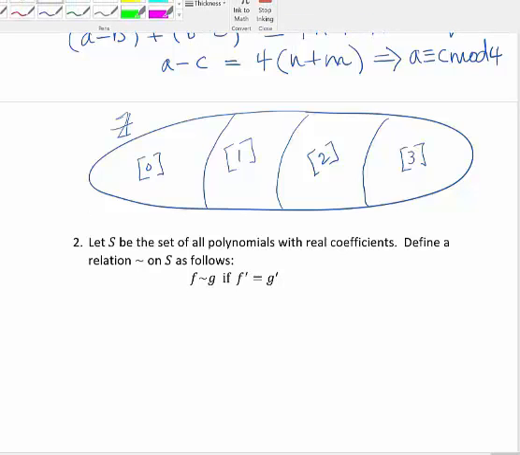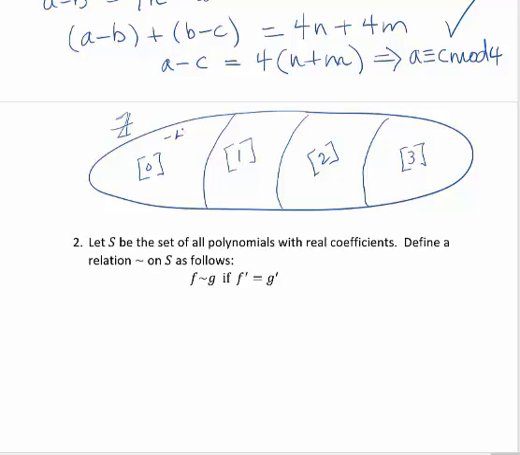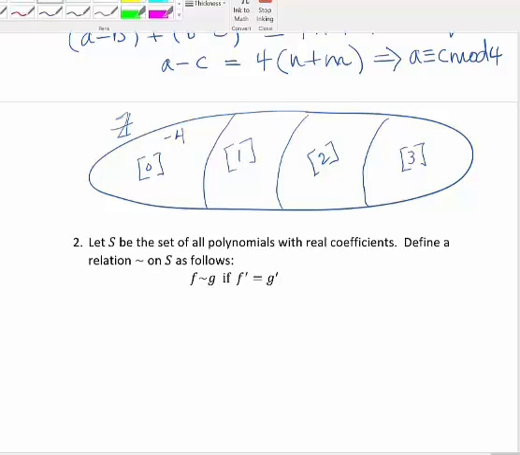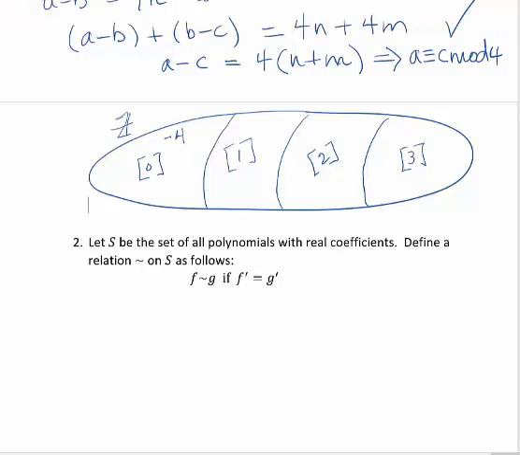For example, in square bracket 0, we'll have negative 4, negative 8, negative 100, and 0 and 4 and 8 and 12, etc. All of the multiples of 4 would live in there.